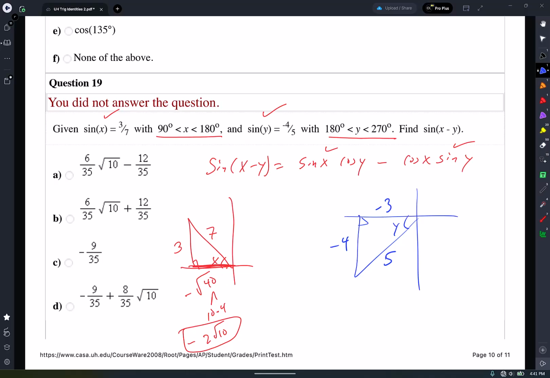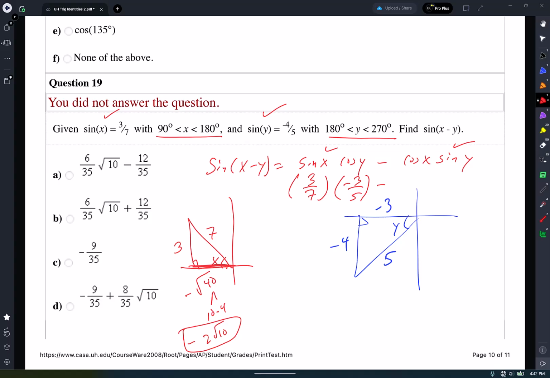Here we go. Sine x. Sine x was given. 3/7. Put 3/7. Cosine y. I go to the y. Negative 3/5. Minus cosine x. I go to the x.